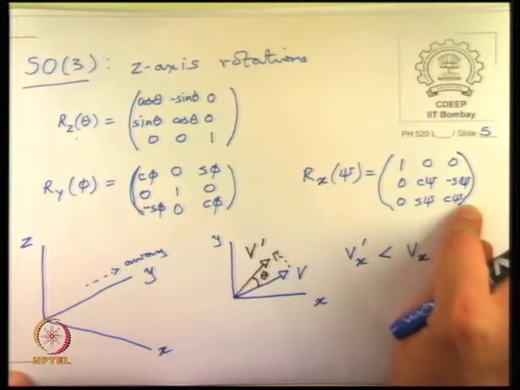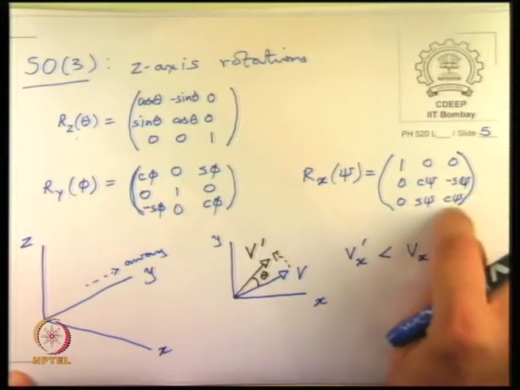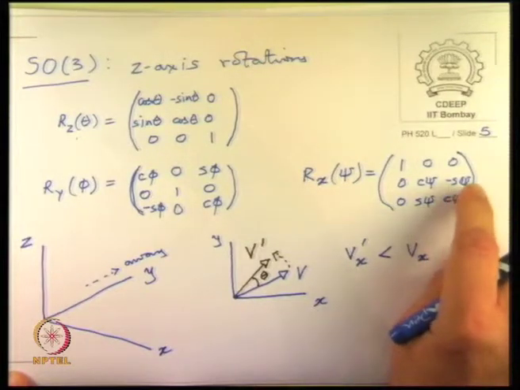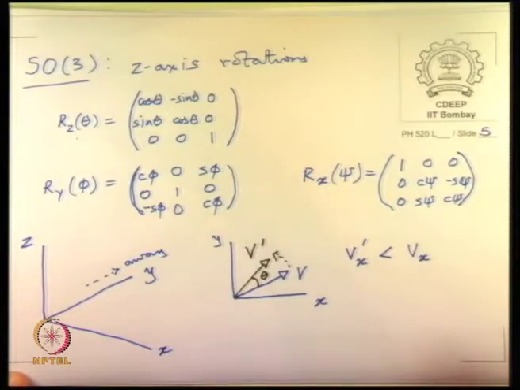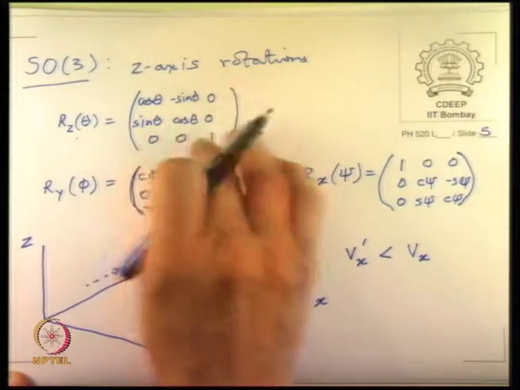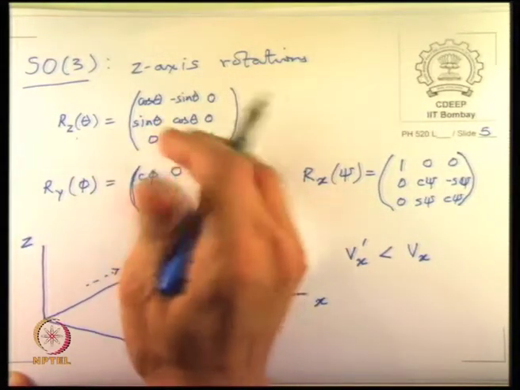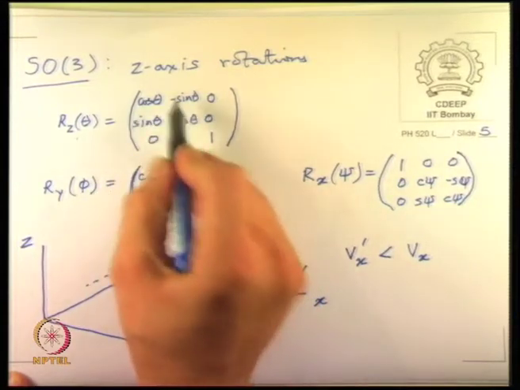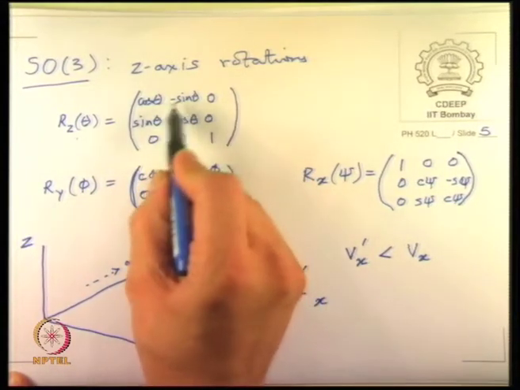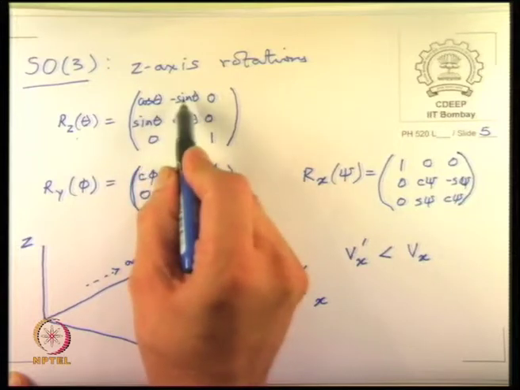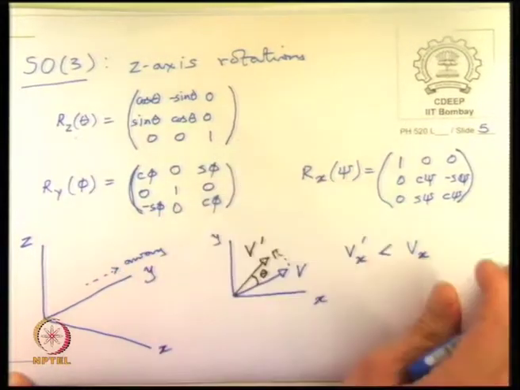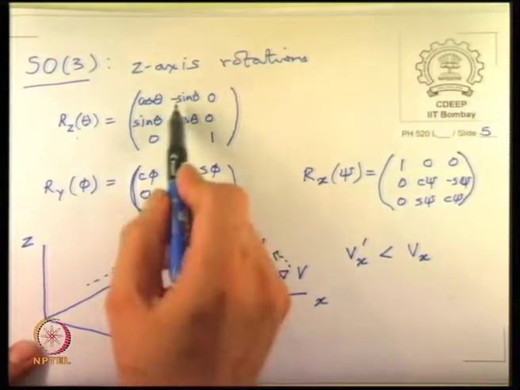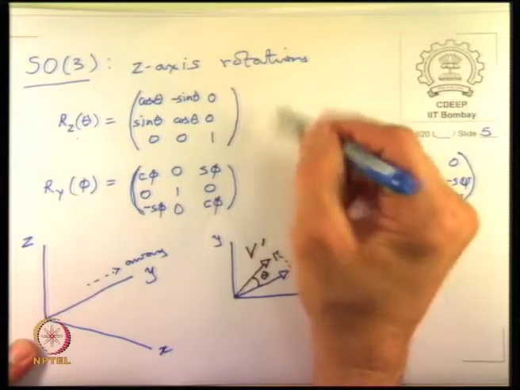Now I look at this matrix, the Rx matrix, and ask, is the x component going to reduce or increase? Sorry, yeah. So rotating about Rz, I look at this matrix and ask whether the x component is going to reduce or increase. It reduces provided I put a minus sign here. Okay. So because I will have put here Vx, right?